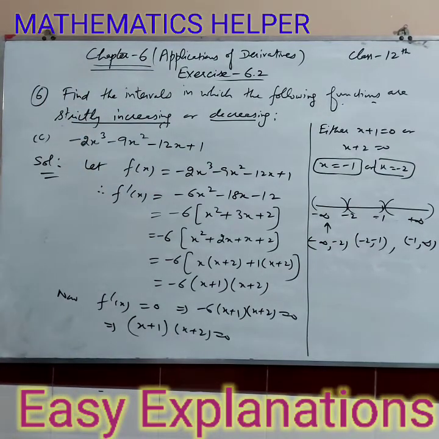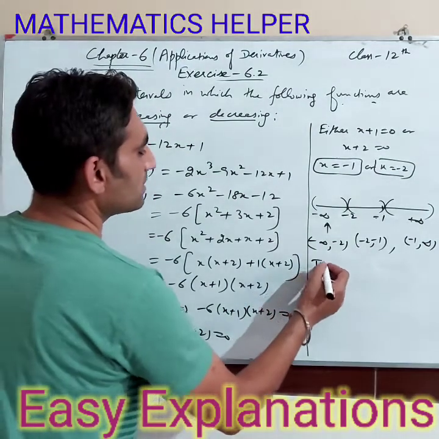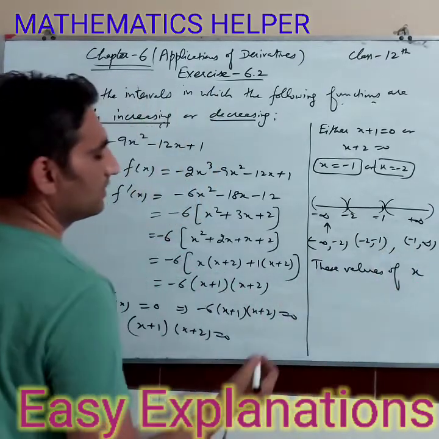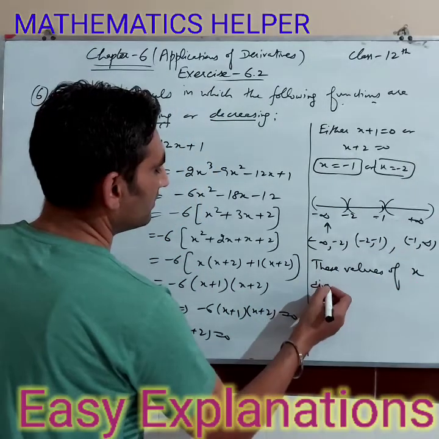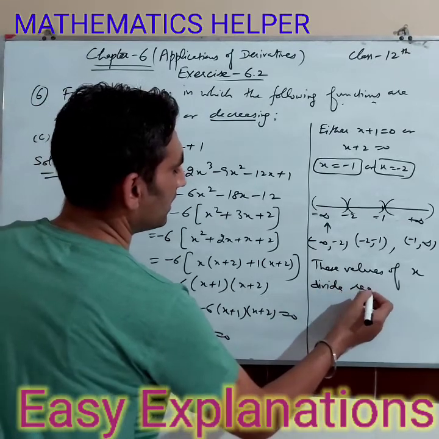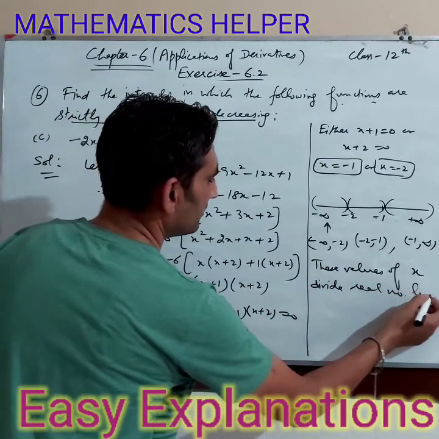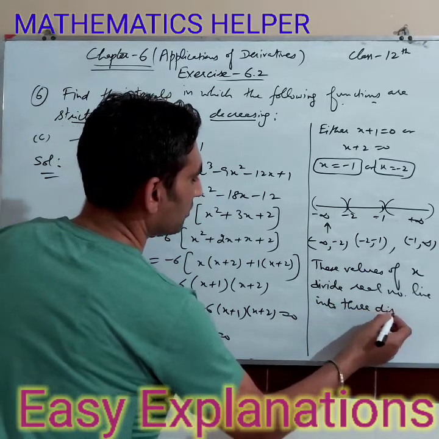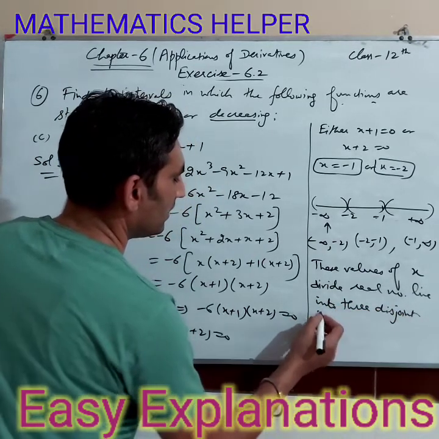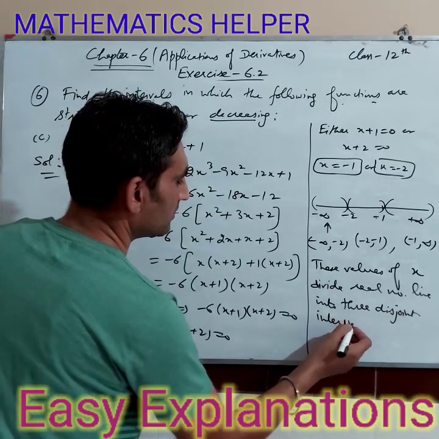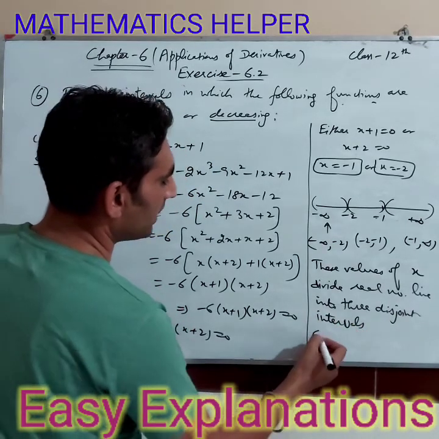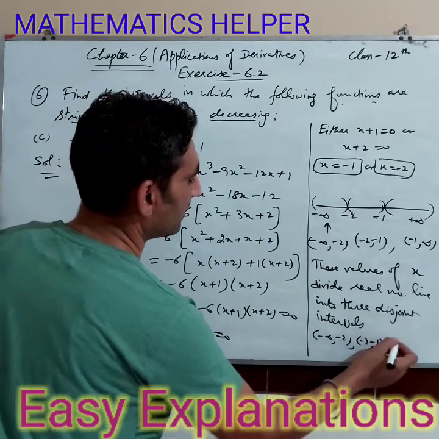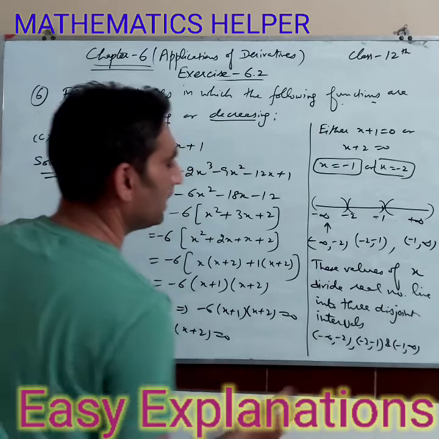These values of x divide the real number line into three disjoint intervals. What are they? Minus infinity to minus 2, minus 2 to minus 1, and minus 1 to infinity.